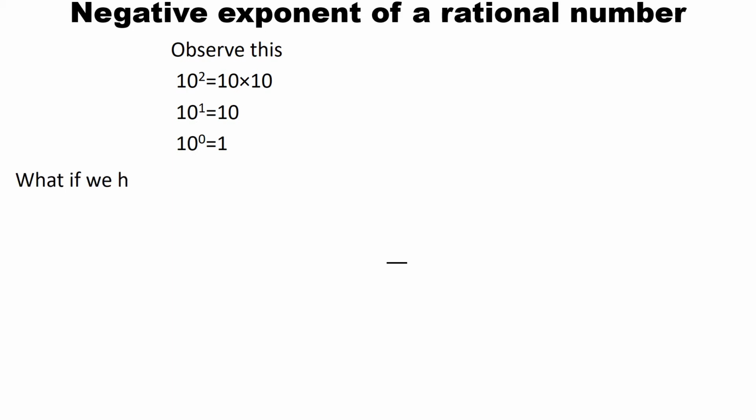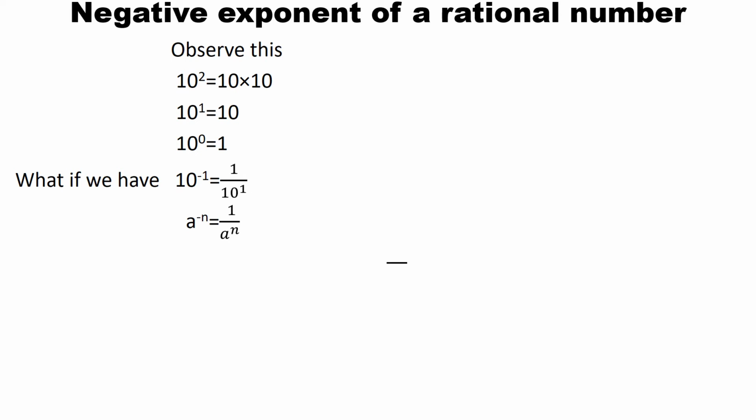What if we have a number, that is 10 power minus 1, which is equal to 1 by 10 power 1. So we know what to do when there is a positive exponent. Then what should we do when a negative exponent comes, like 10 power minus 1? We have a formula: a power minus n is equal to 1 by a power n. Whenever a negative exponent comes, we get a fraction, that is 1 by a power n.